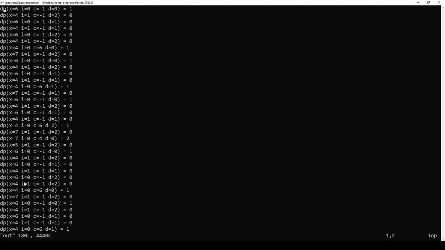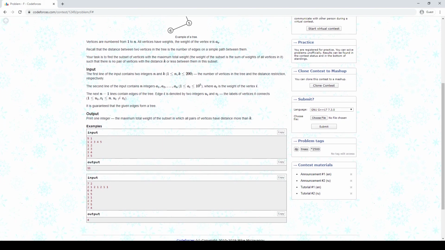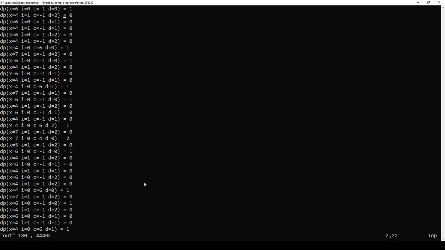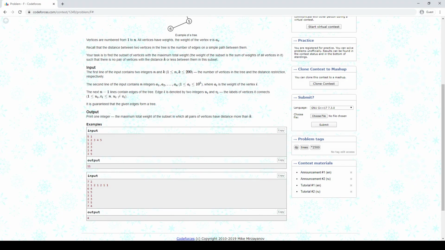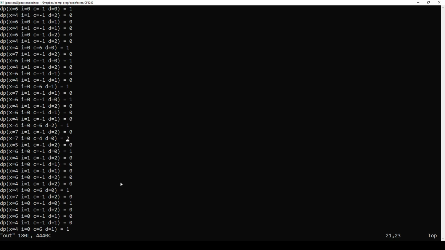Out of bounds. Okay. So if we're just looking at 6, then the answer is 1. I agree. If we're just looking at 7, which has a single child of 4, no, it doesn't.